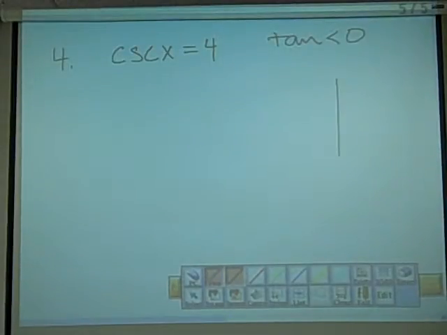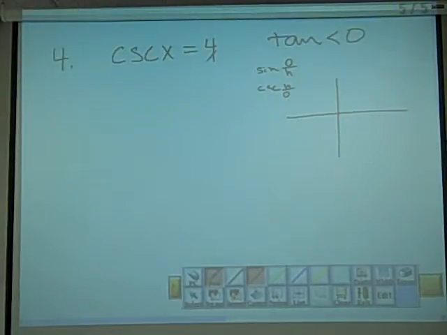Okay, so we have to look at which quadrant we are in. First of all, cosecant is the reciprocal of sine, right? Since sine is opposite over hypotenuse, then cosecant is going to be hypotenuse over opposite.